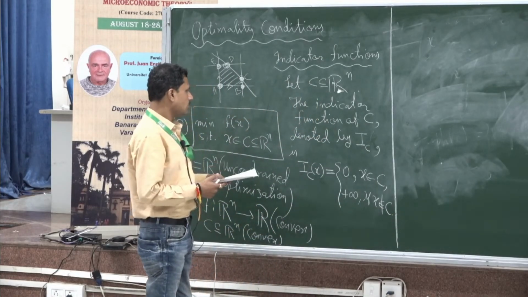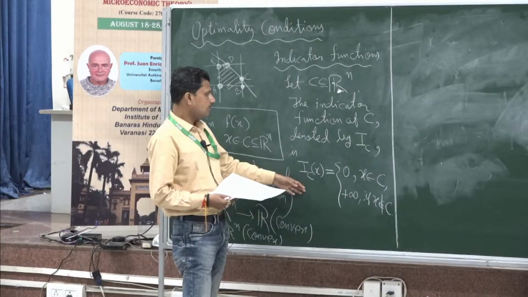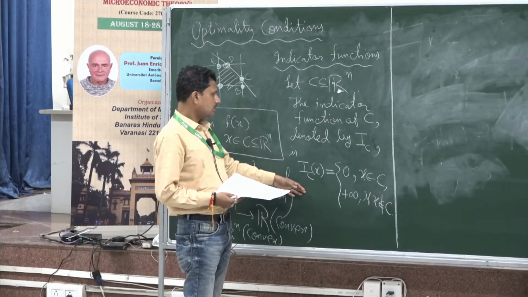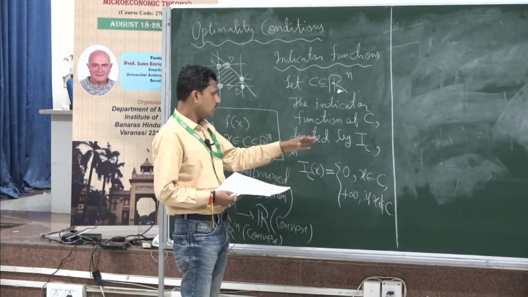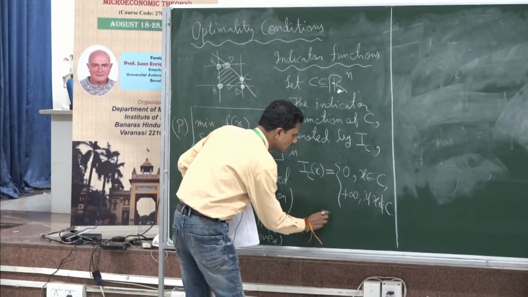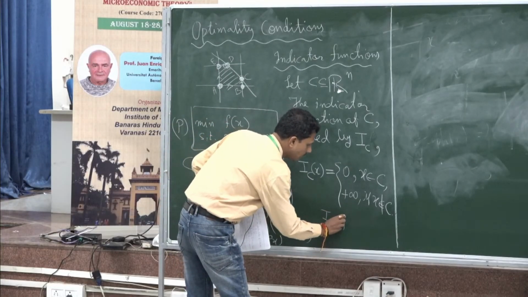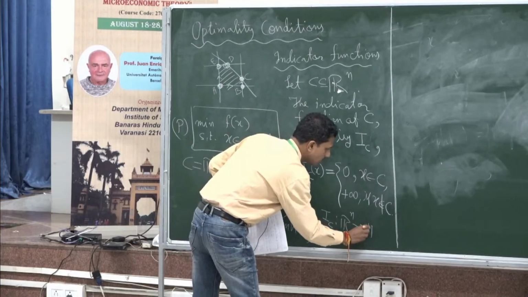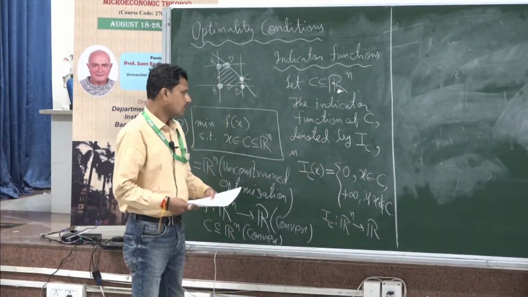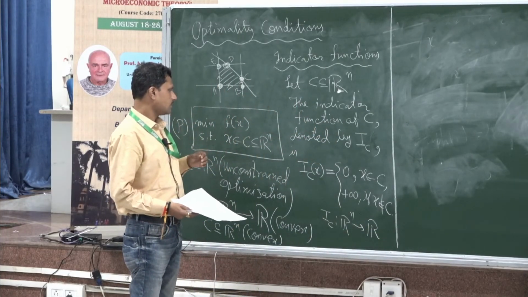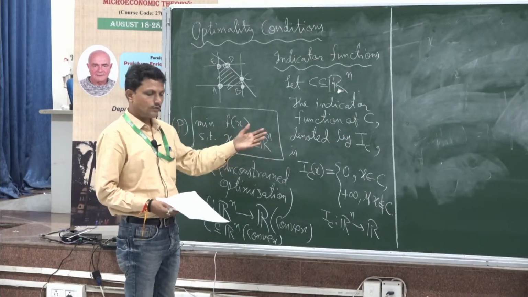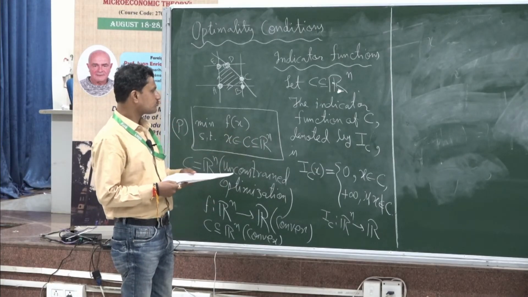So now we have defined this function all over Rn. So indicator function is a function from Rn to R.